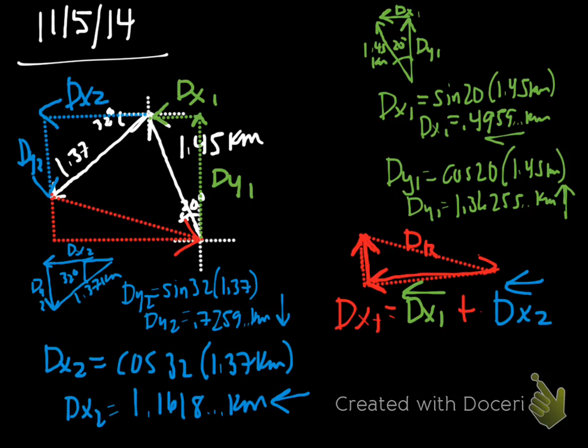We just add them. It's very straightforward. So what we get when we add those for our dx total is 1.6575, etc. kilometers that away, or west.